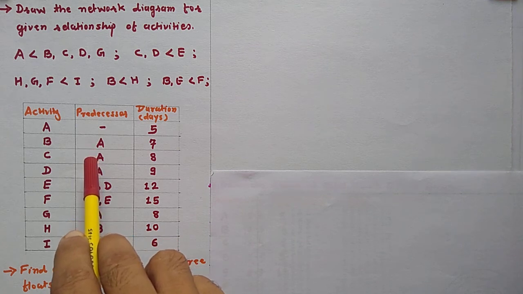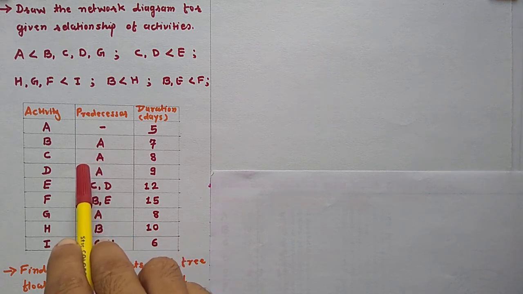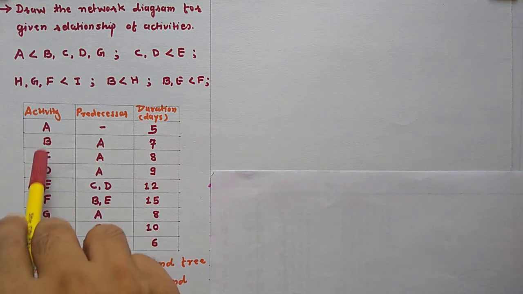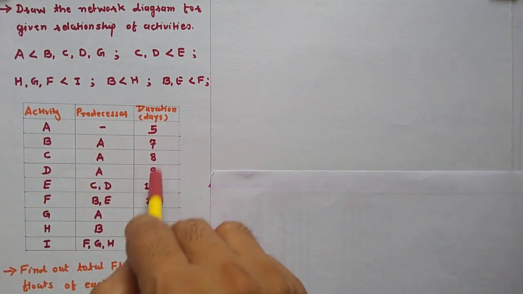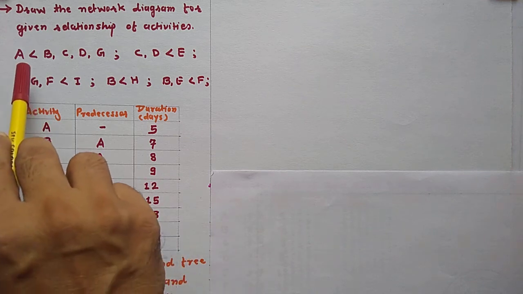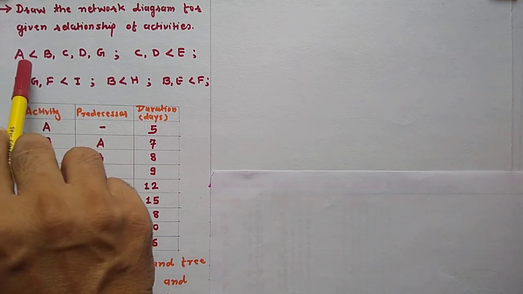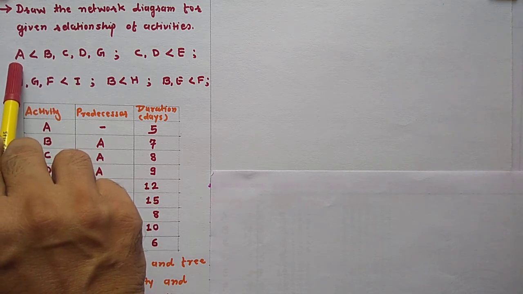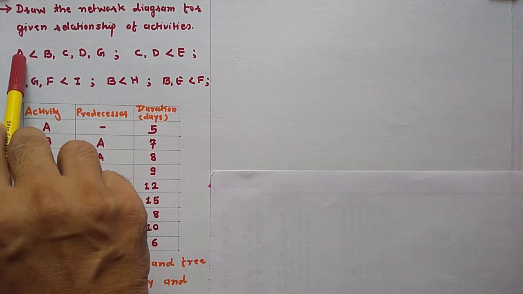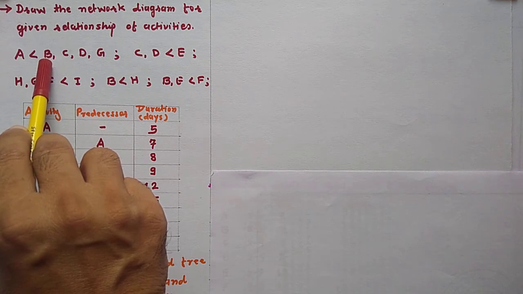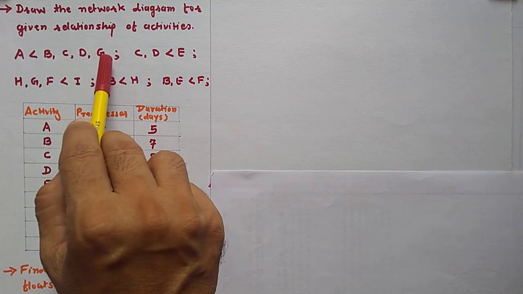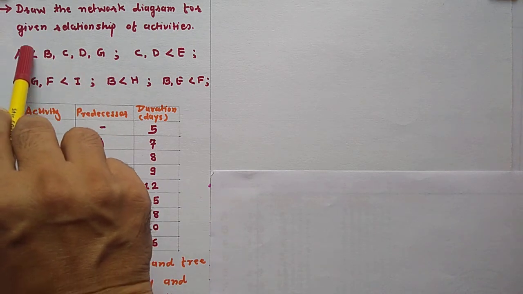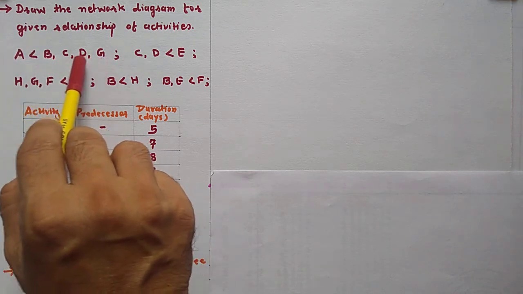We have already discussed this type of example, which was asked in GTU, in the previous video lectures. So here are activities, predecessors and durations. A less than B means activity B can be started only after activity A is finished, so A is the predecessor of activity B. Here B, C, D and G activities are there, and A is the predecessor of all of them.